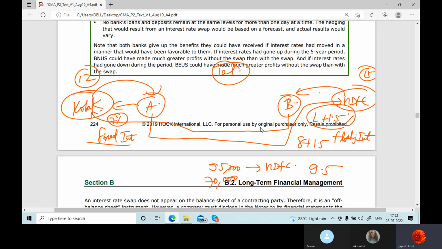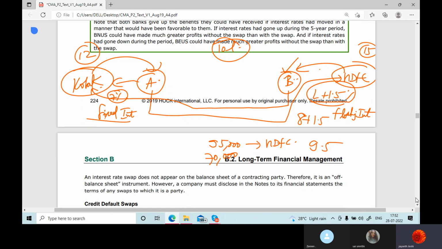Yes. So now you will be thinking, what is happening here? See, in both the markets, B's market is a volatile market. The rates can go up. Right now they are exchanging the payments. I will not go into all those details.